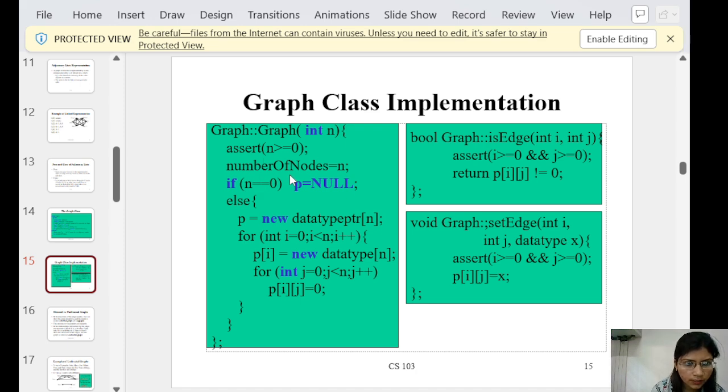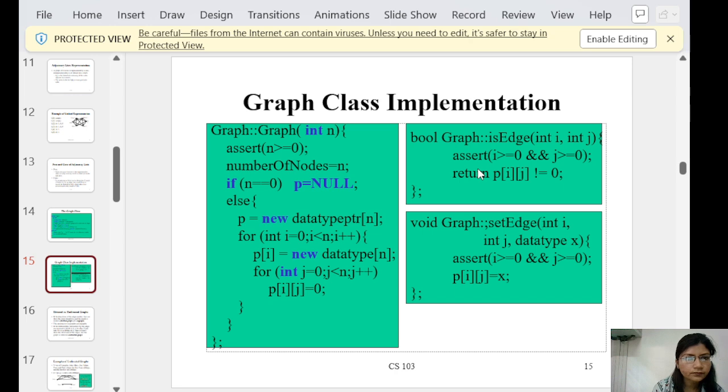Number of nodes equals n. If n equals 0, then p equals null. Otherwise, p equals new data type of n. For loop int i equals 0, i less than n, i plus plus. P of i equals new data type of n. For int j equals 0, j less than n, j plus plus, then P of i, j equals 0.